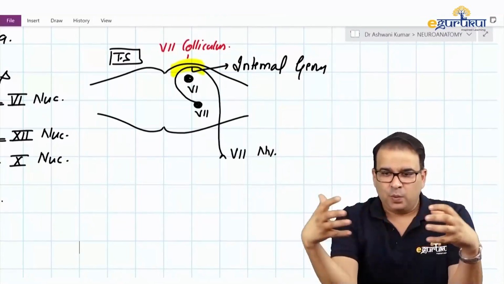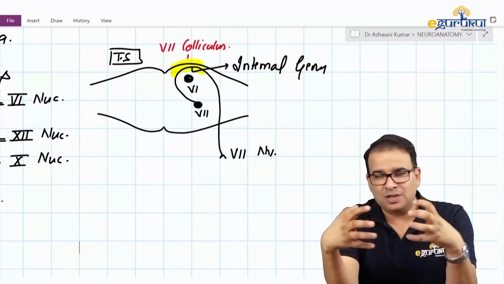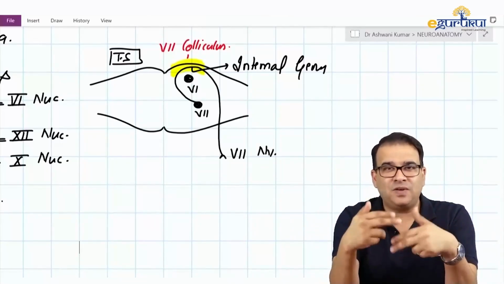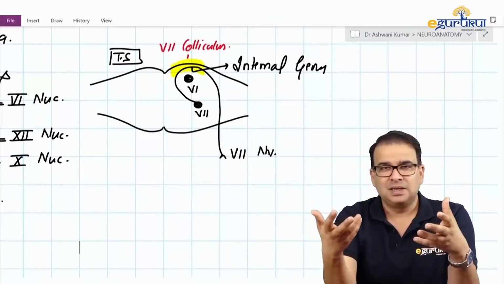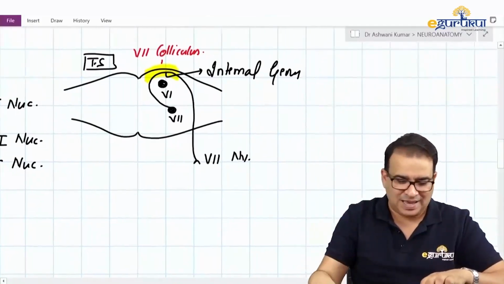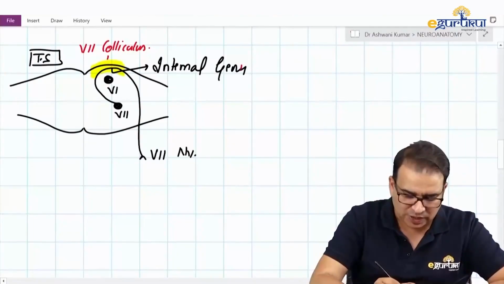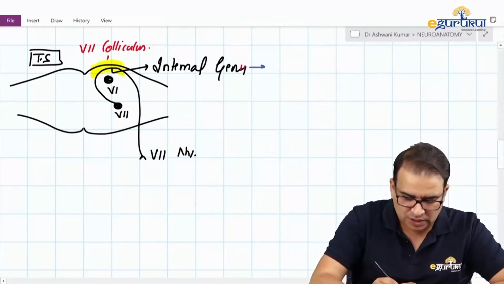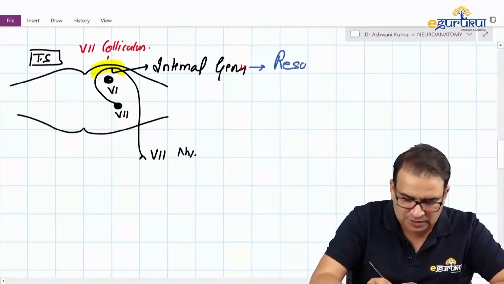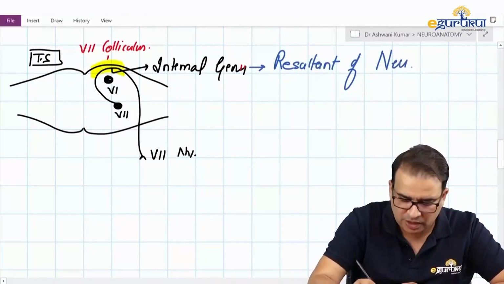This phenomenon, where a sensory nucleus and a motor nucleus come close to each other so that the reflexes become a little faster, is called neurobiotaxis. So I can say this internal genu is a result of a phenomenon called neurobiotaxis.